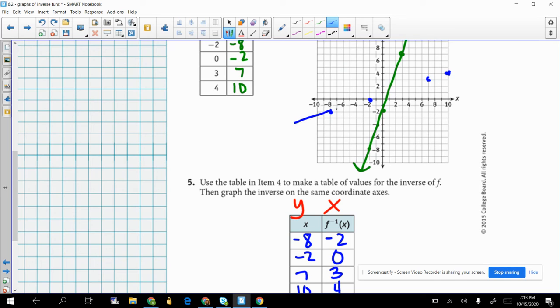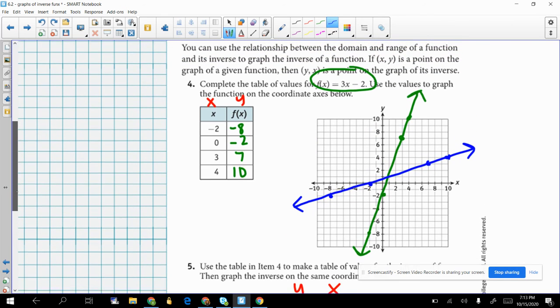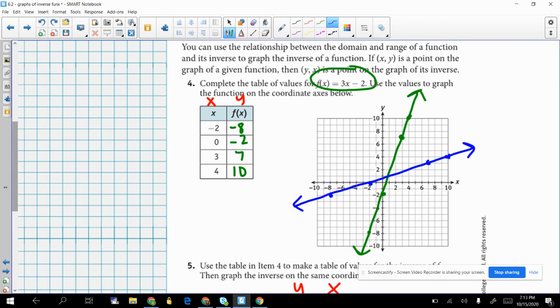And that would look like this here. Beautiful. So these two functions, the green one was our original, and this would be your f inverse. So green was our f of x, and blue would be our f inverse of x.